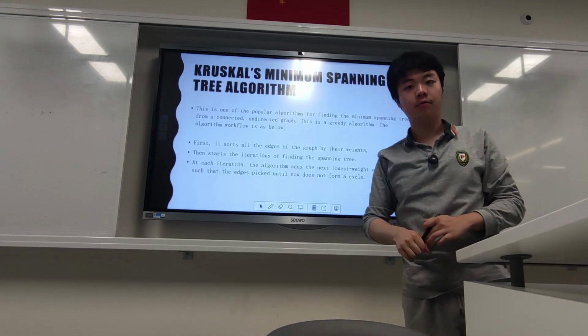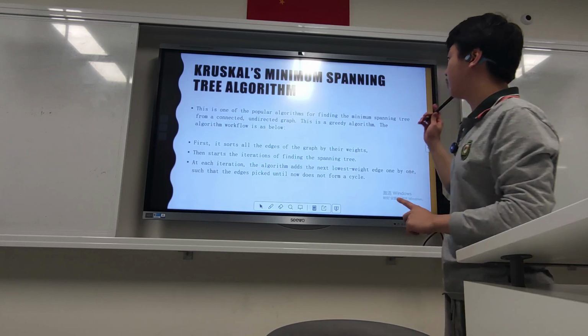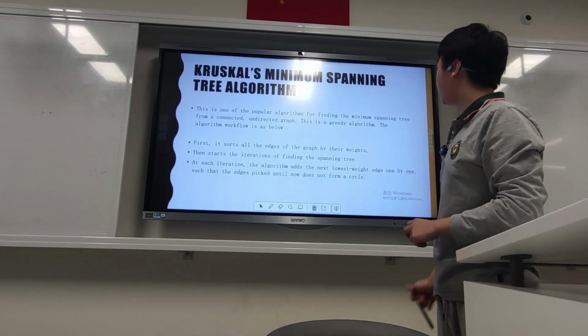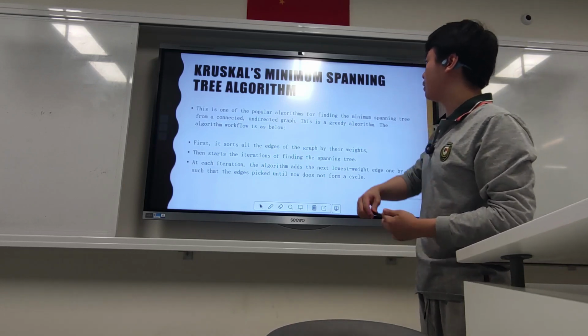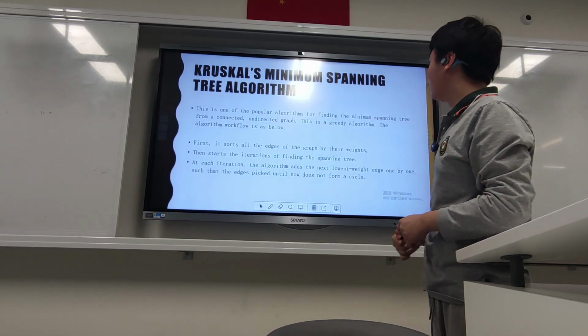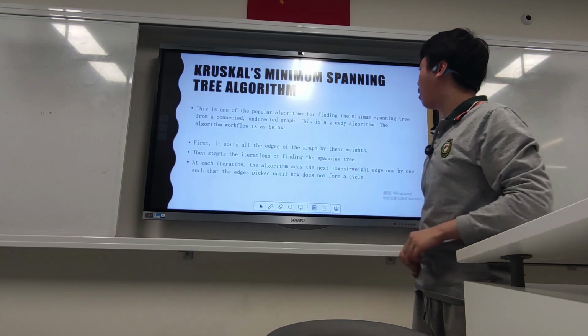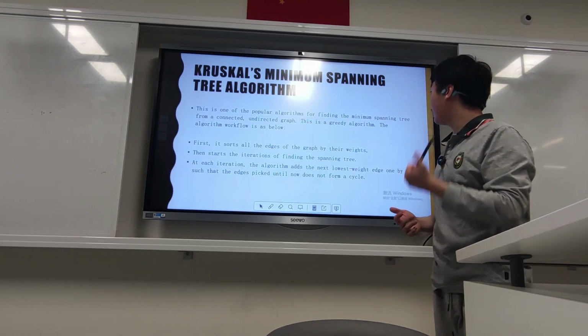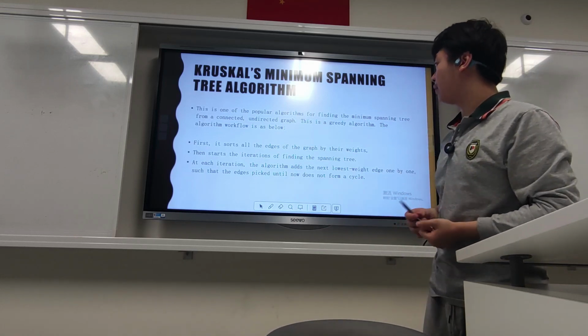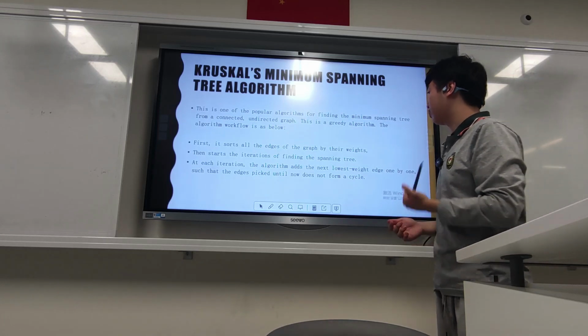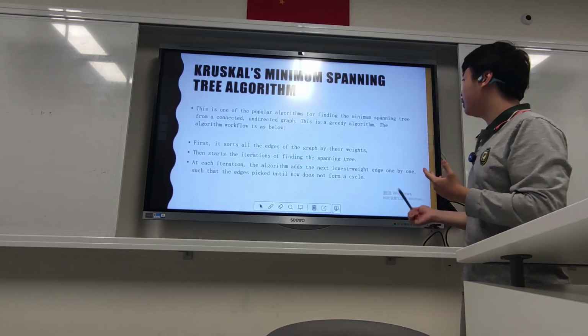So today we'll first talk about one algorithm to create a minimum spanning tree. That is called Kruskal's spanning tree algorithm. This is one of the popular algorithms for finding the minimum spanning tree from a connected undirected graph. This is a greedy algorithm.